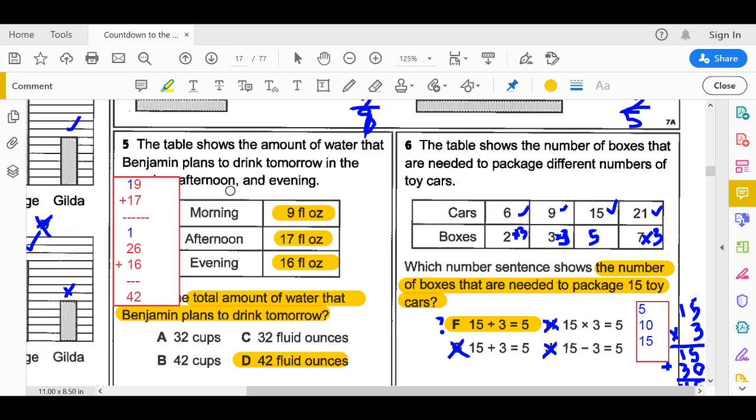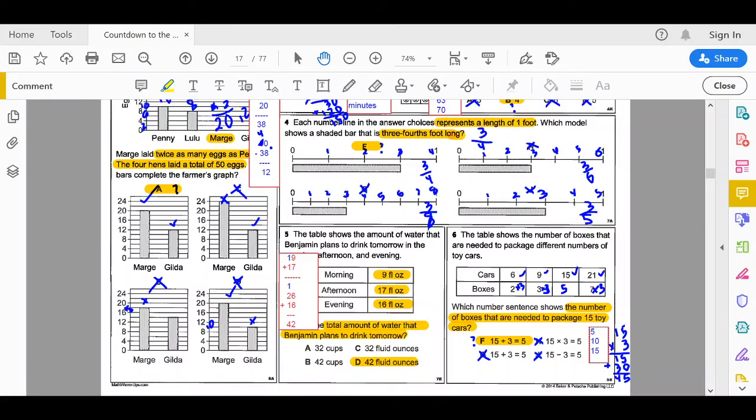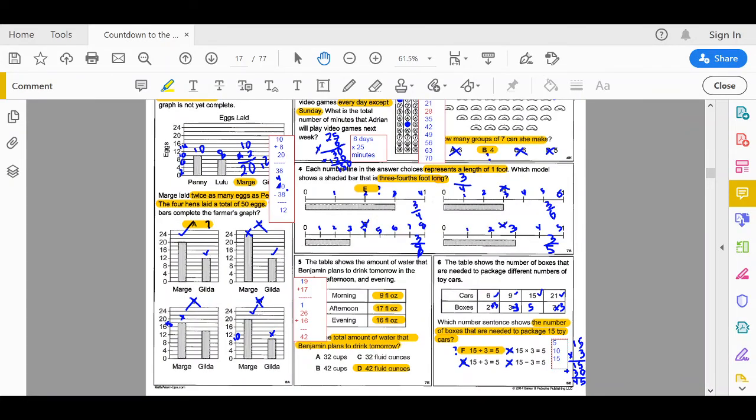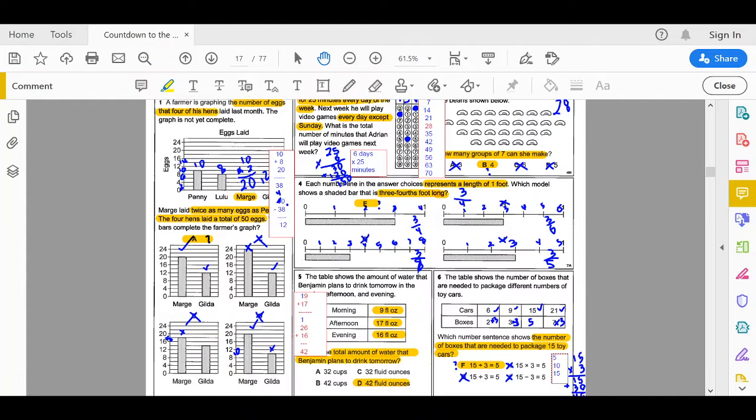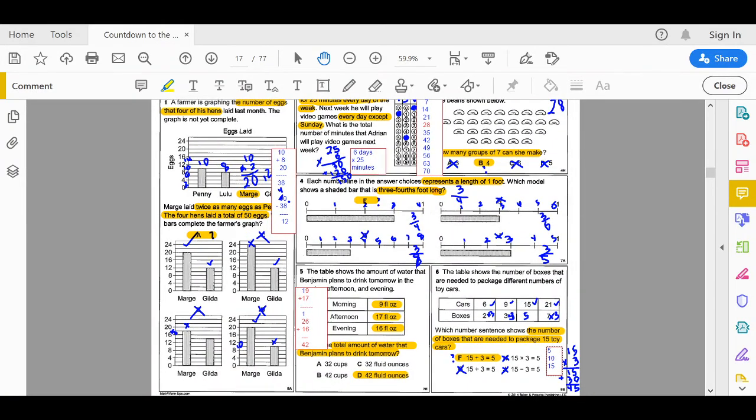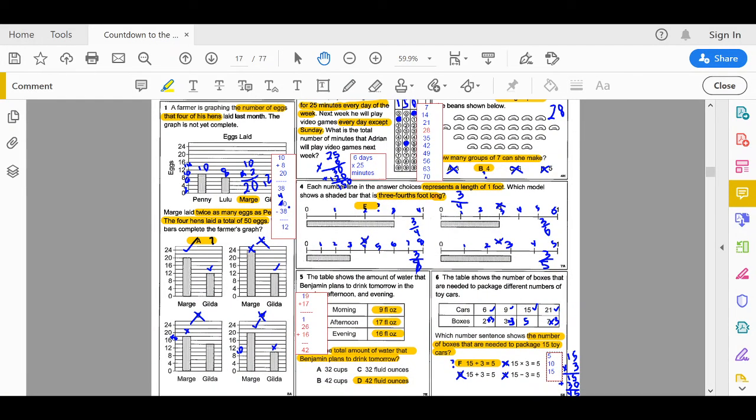Let's just finish the session by checking the answers from all the questions to make sure you have the right answer to all of them. And remember that on your paper, you should have used our strategies, meaning my expectation is to see that you underlined or highlighted important information.